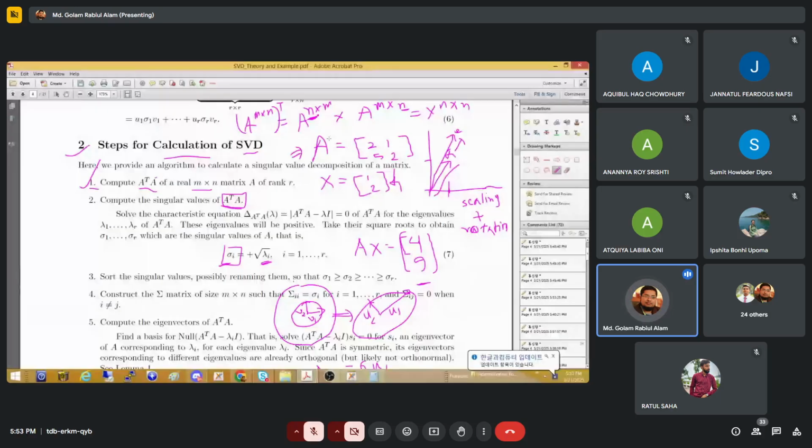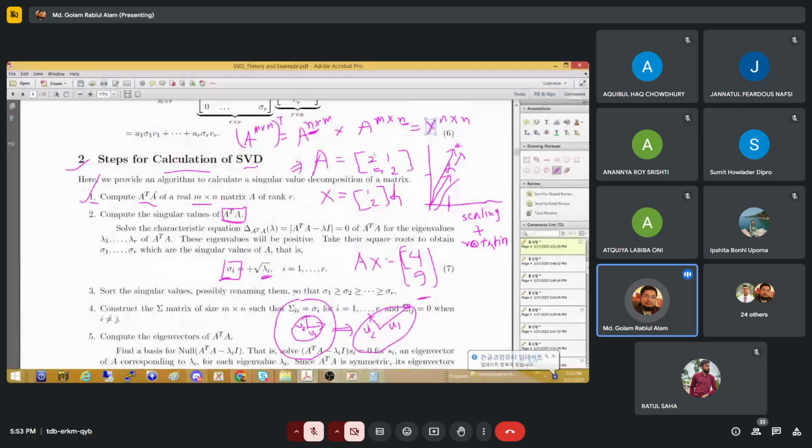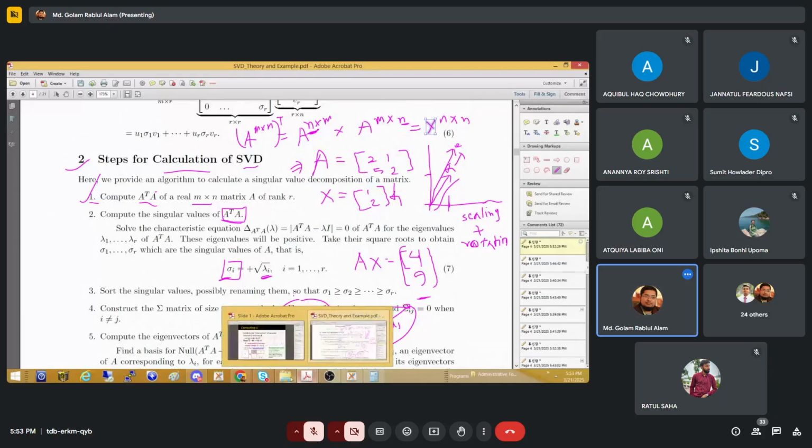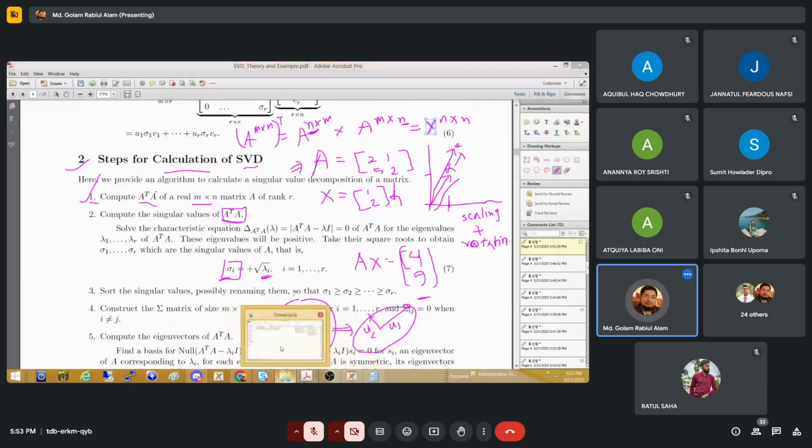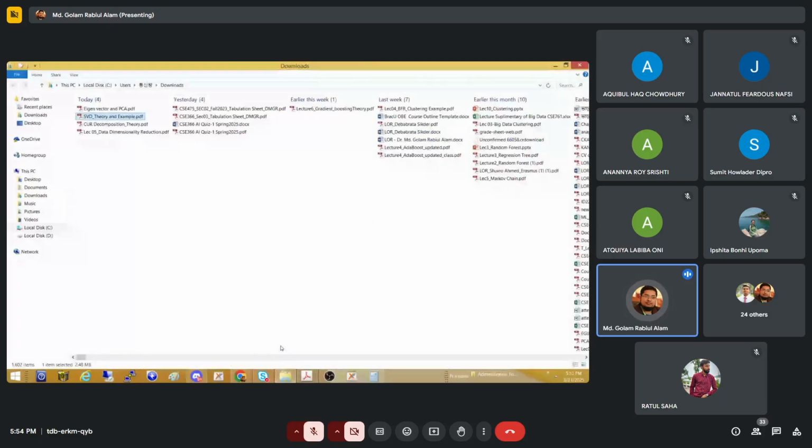I think you know how to calculate the eigenvalues and eigenvectors, because we need both. If you know that already, then it's fine. Just apply the same principles and method to find the eigenvectors and eigenvalues.